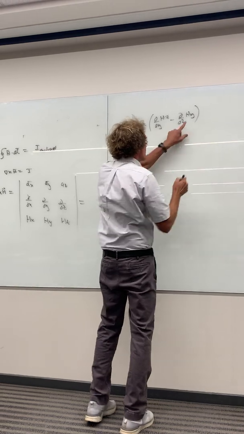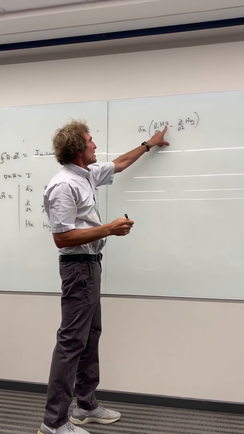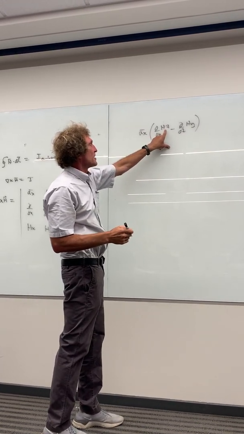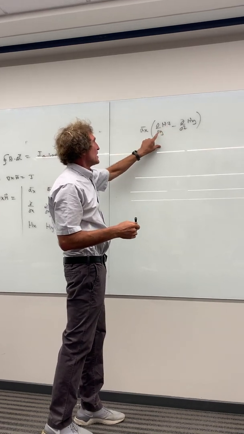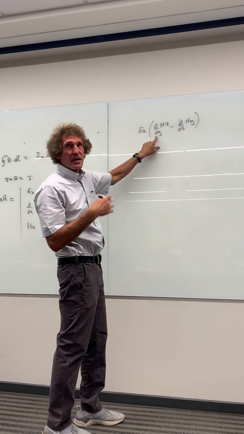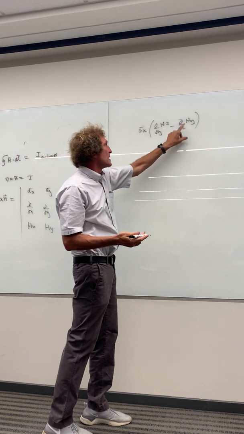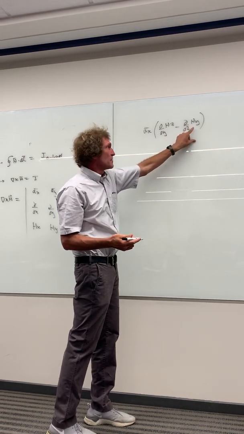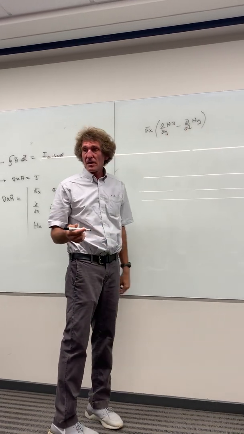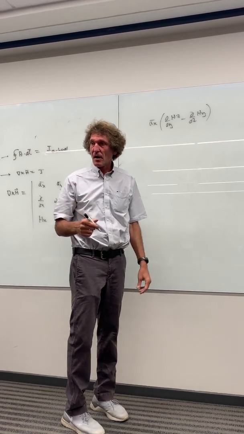Now I know this term because if this is HZ, the Z component of the vector, and you're taking the derivative with respect to Y, the next term will always be the Y component of the vector with the derivative of Z, all right? It's always going to be opposite.